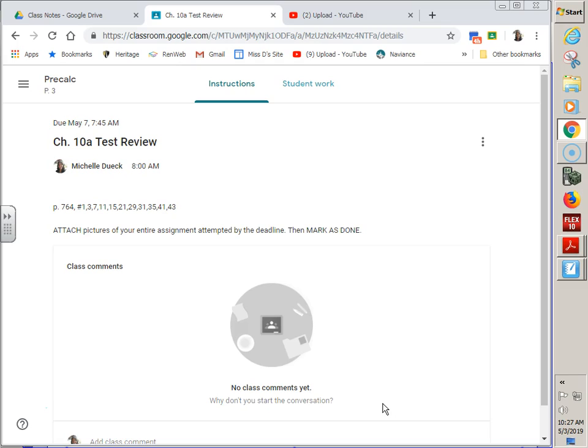We have lines and their formulas. We have parabolas and their formulas, and their clues, the focus and the directrix. We have ellipses and their formulas, hyperbolas and their formulas, and then the spinny thing. 5 things. But those 5 things, there are a lot to do.